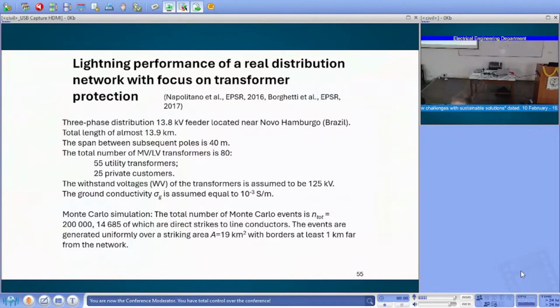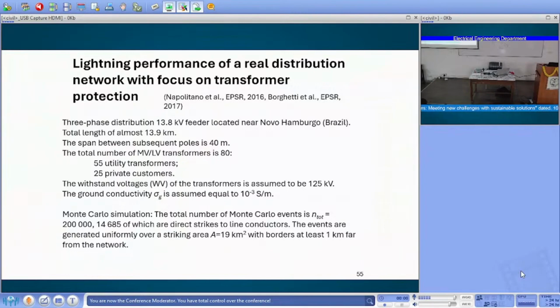Yes, so this should... but the probability of failure of the surge arrestor is very high. Yes, sir. Then in that case, will the Monte Carlo method give accurate results? Yes, sir, because with the Monte Carlo method we can calculate the current that is flowing into the surge arrestor and the energy.